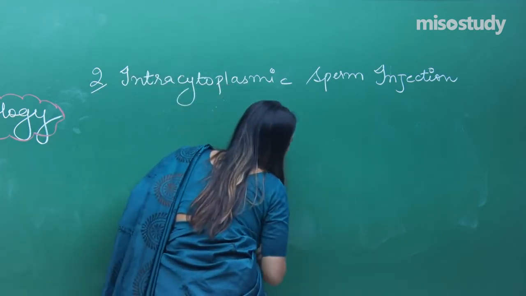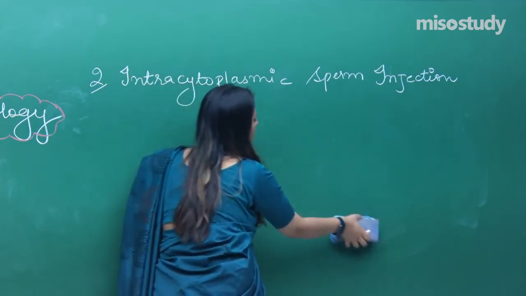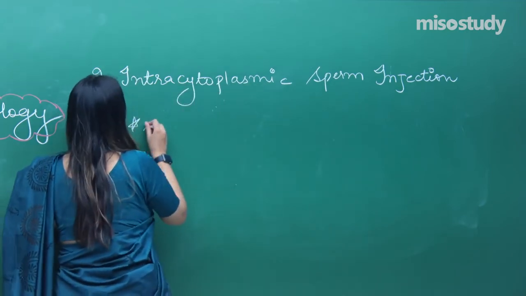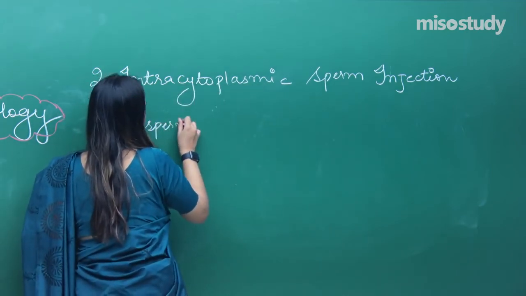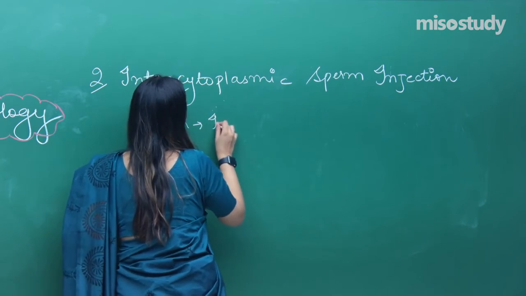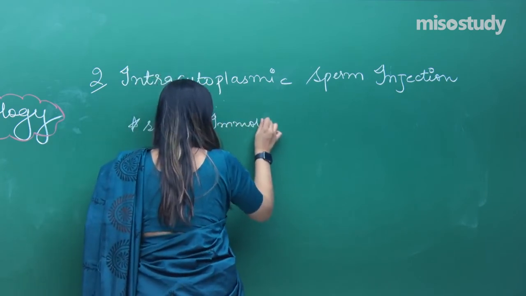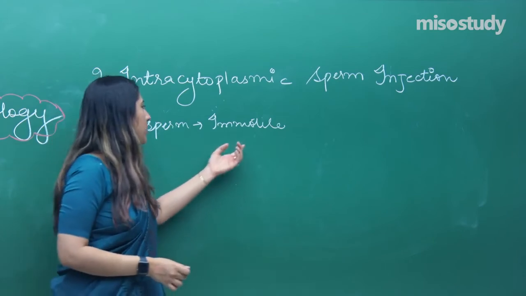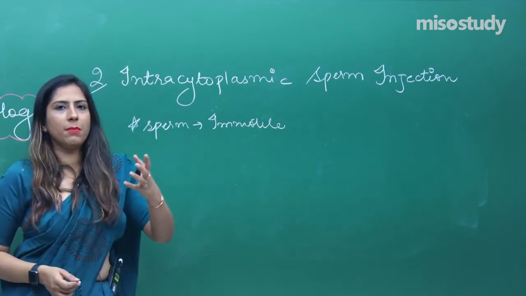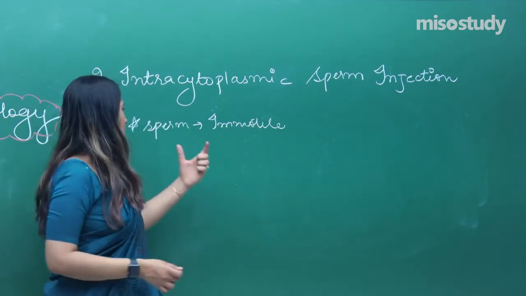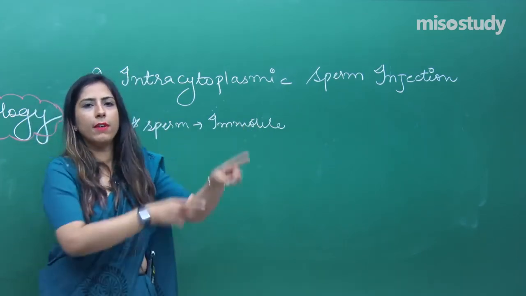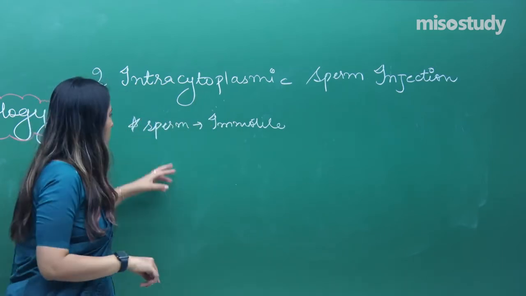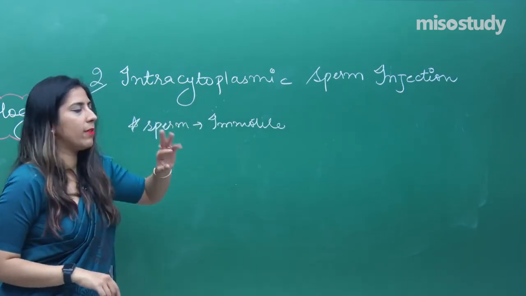Or sometimes the motility of the sperm is affected, or the sperm of the male is immotile. If the sperm is immotile, then we go for intracytoplasmic sperm injection. Why is motility important? Motility is important because the sperm has to travel from the vagina to the fallopian tube with the help of the flagella it has, so it reaches the fallopian tube where fertilization can occur.